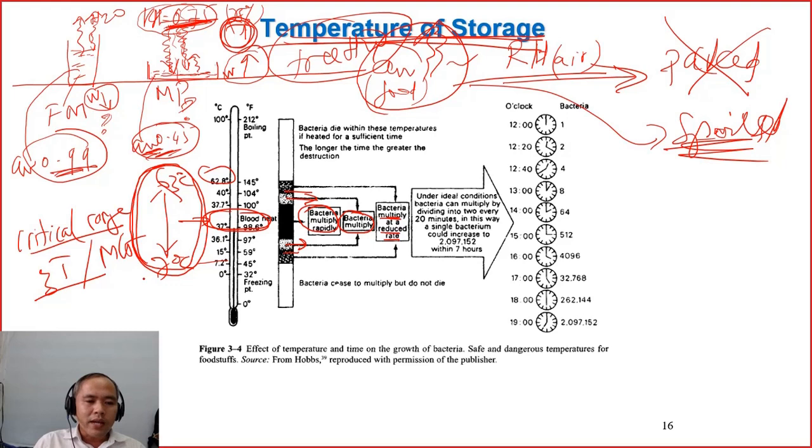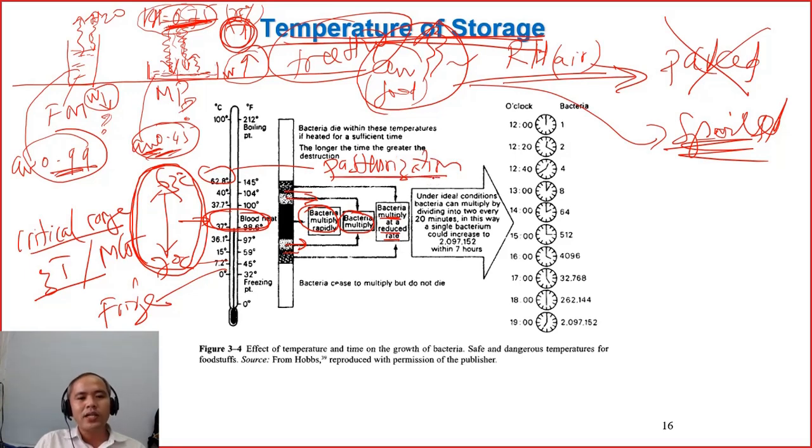When we lower the temperature, meaning we put our food in a fridge, or we heat to above 63, that is already pasteurization, thanh trùng, xử lý nhiệt. Then we already destroy microorganisms. Here, we inhibit them from growing; here we destroy them, we kill them.